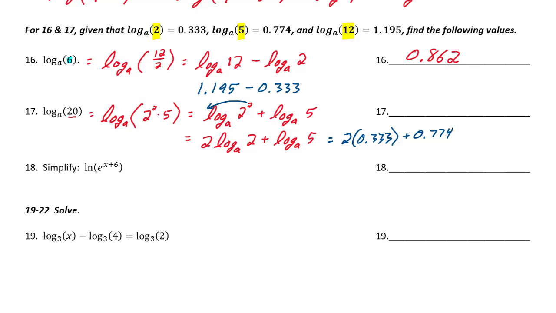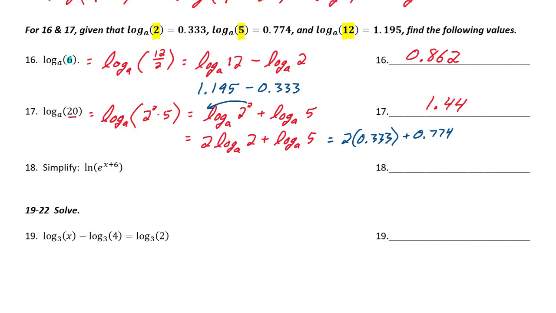So if I go ahead and do 2 times 0.333 on my calculator plus 0.774, that comes back as a 1.44. And there we have it.